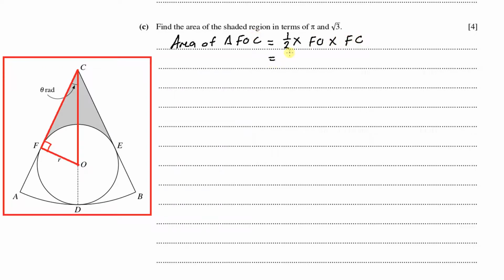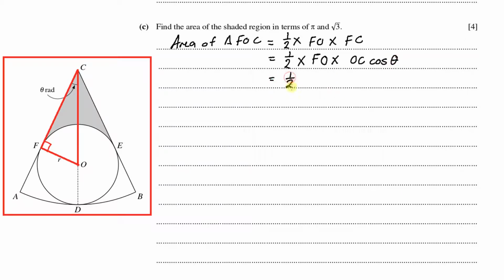So this is equal to half times FO, which is equal to R, times FC. Now FC is an adjacent side to this right angle triangle. So to find FC, we would say the hypotenuse OC times cosine of the angle theta.